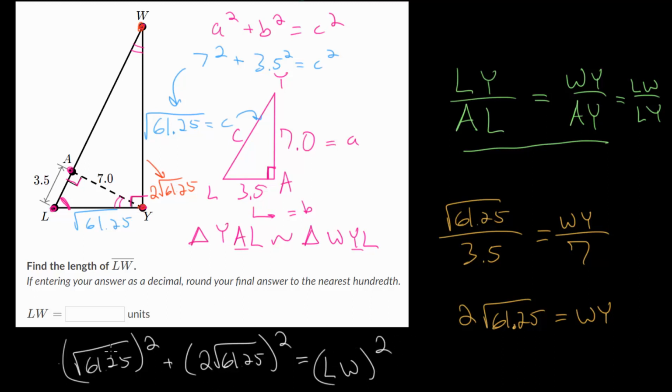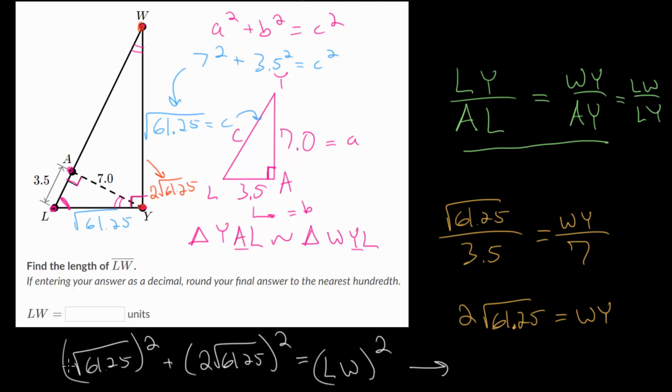And with this, we could put it into the calculator, or we could simplify it along the way, since notice that square and square root are going to cancel each other out. So we'll get 61.25 here, and when you square this one, 2 squared is 4, and again, the square root and square cancel, so you get 4 times 61.25.